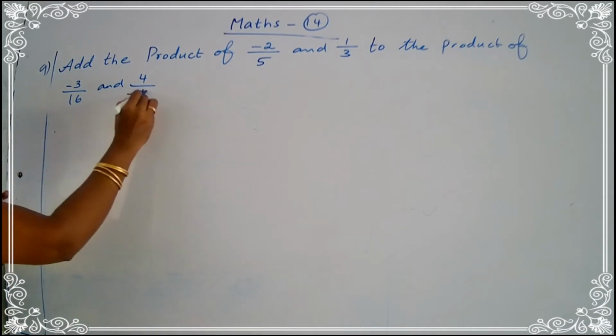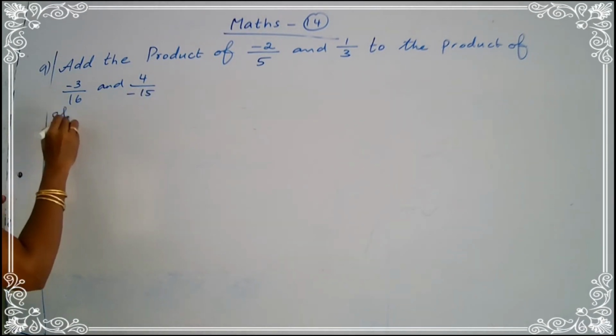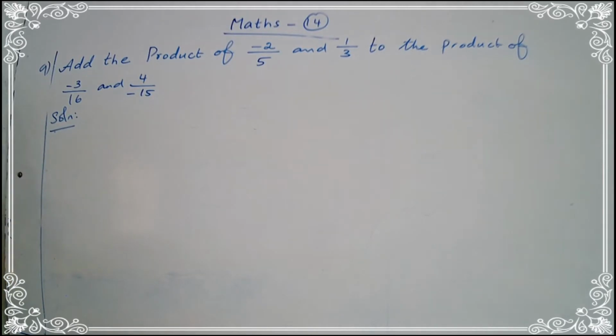Okay. Listen children, your question is: add the product of minus 2 upon 5 and 1 upon 3 to the product of minus 3 upon 16 and 4 upon minus 15.